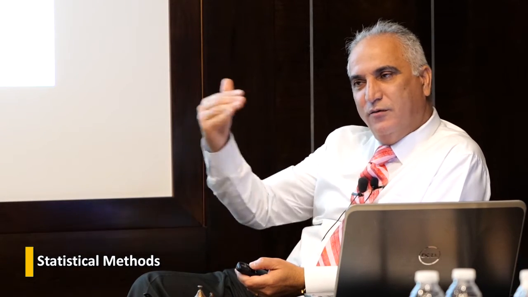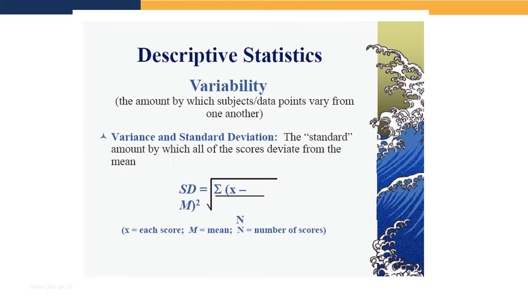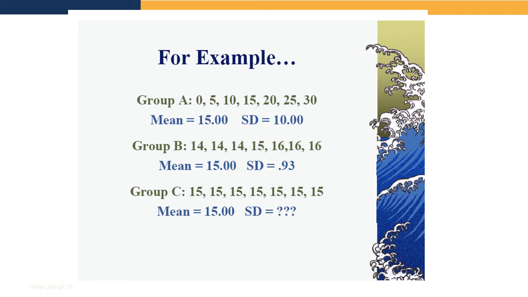Your score from the mean. Everybody, I'm the mean, and your variation is your score. The standard deviation is the overall variations. Here we basically have a standard deviation of 10.3.